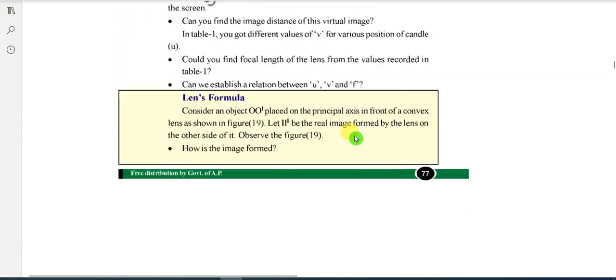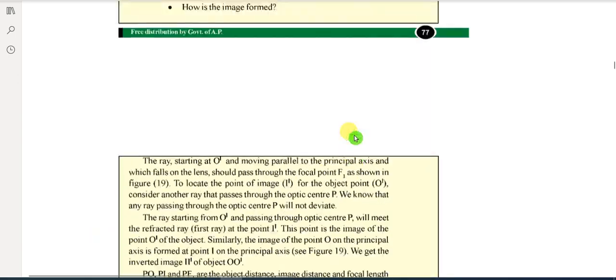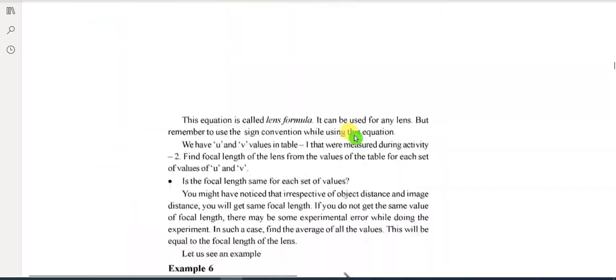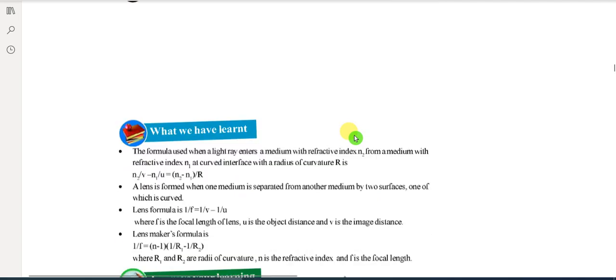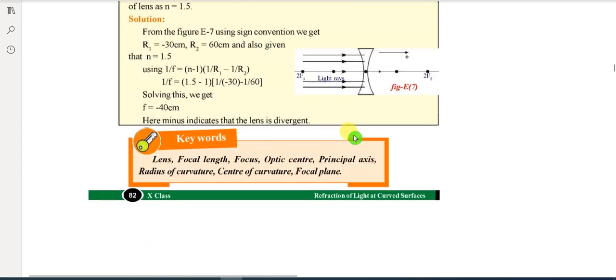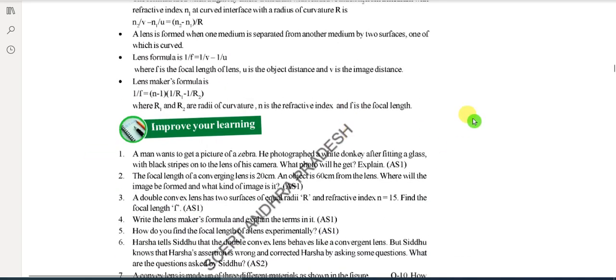Next, formulas. Yes, lens formula, 1 by f is equal to 1 by v minus 1 by u, and lens maker's formula.